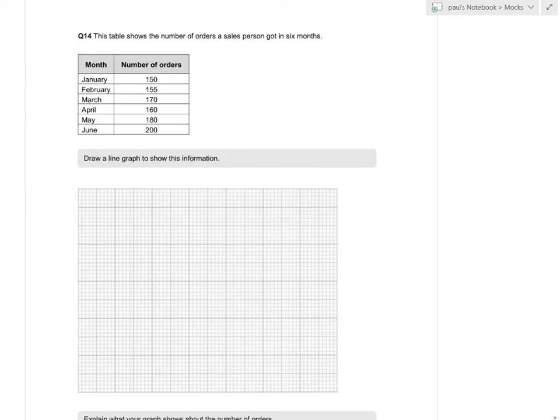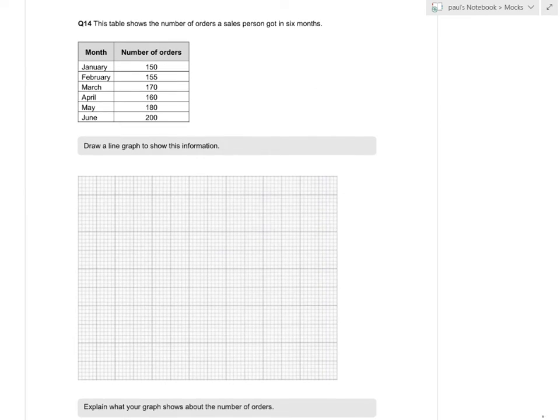The table shows the number of orders. Draw a line graph to show this information. So we've got to get January, February, March, April, May, June. We don't need to start from 0 because we've got numbers that only start at 150.